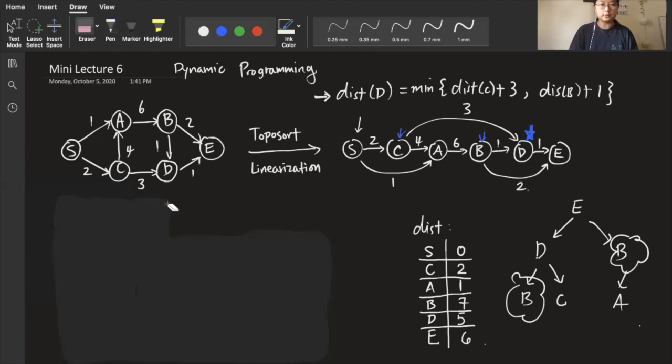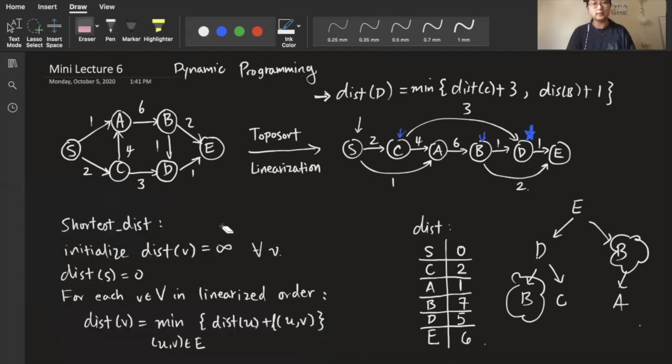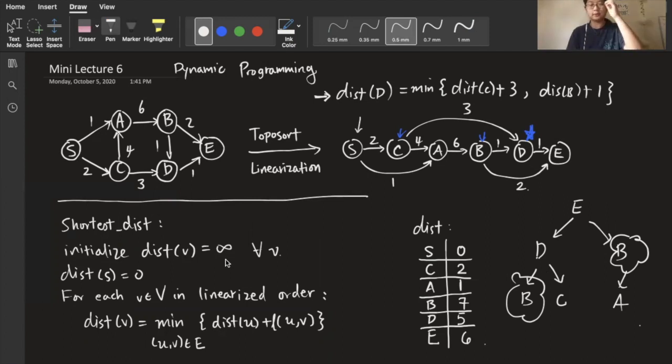So the algorithm, in algorithm notation, I guess, looks like this. I initialize all of the distances to infinity as we do in every other shortest path search algorithm.